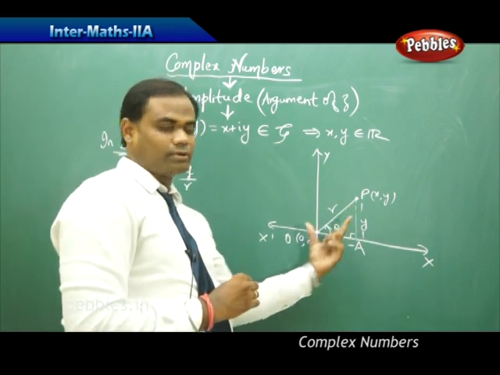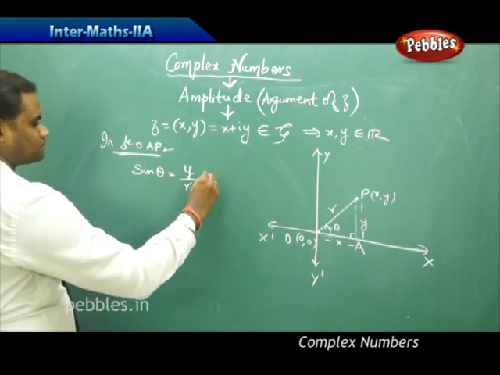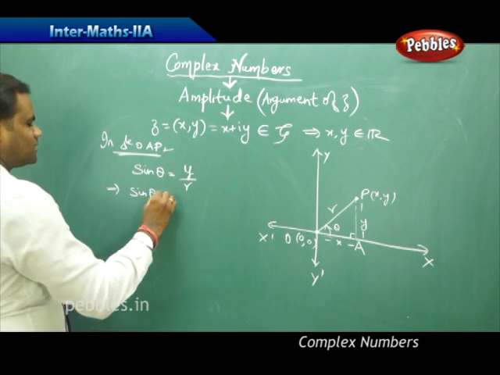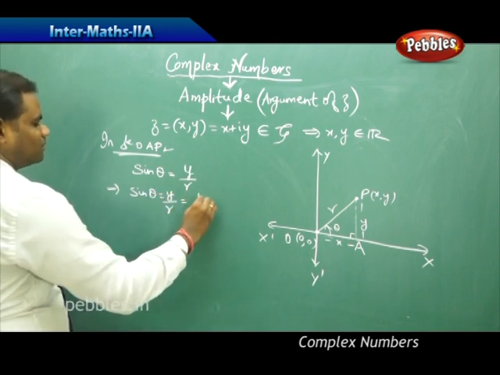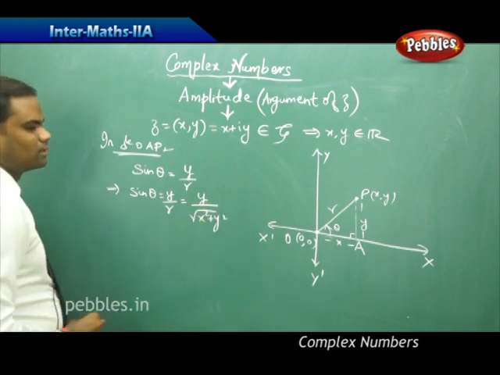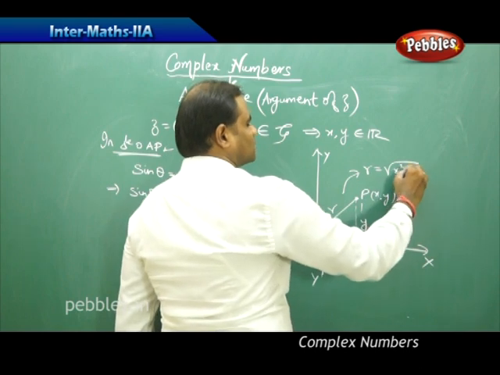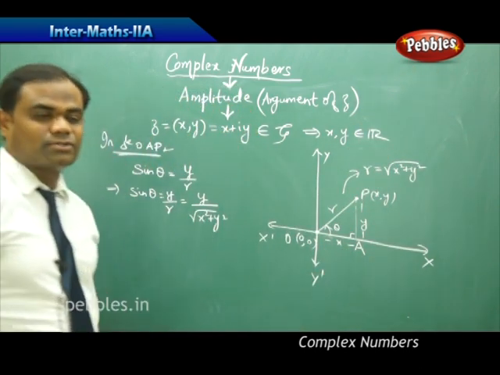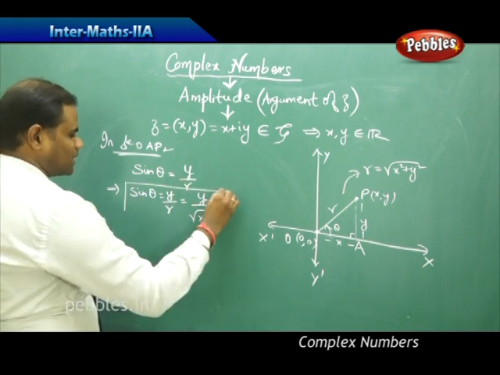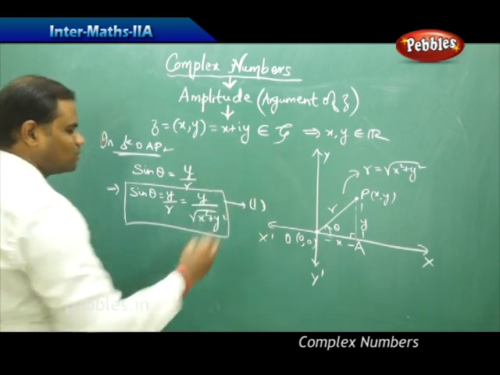That implies sin theta is y by r, which is y by root x square plus y square, because by Pythagoras theorem r is root x square plus y square. Let me take this as equation 1.